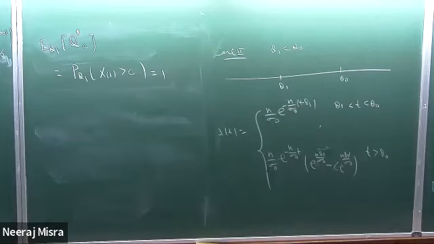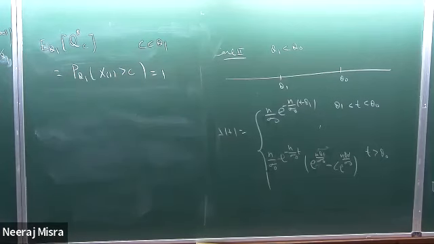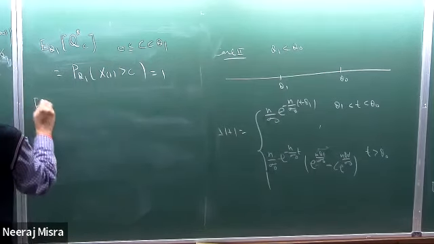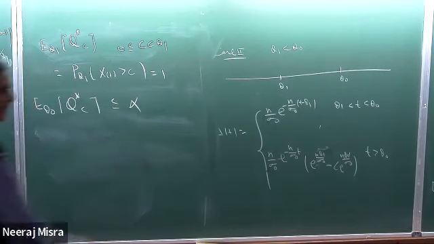So that means I now have freedom to choose C, and I have a lot of freedom. The expected value under theta naught should be less than or equal to alpha. So whatever C you take, as long as C is less than theta 1. So I choose now E theta 0 phi star C should be less than or equal to alpha. That is what I want. So what does that mean?